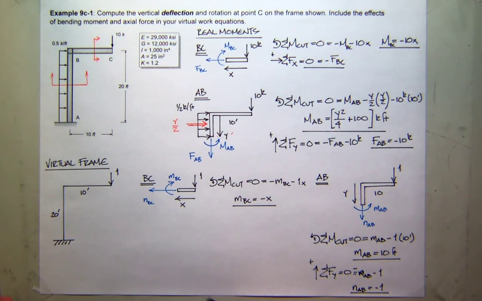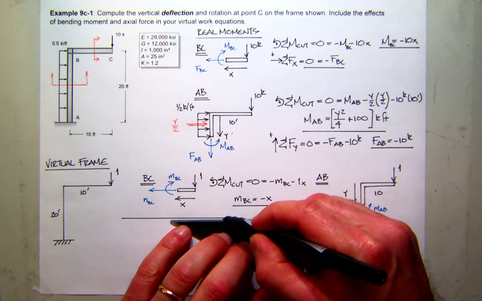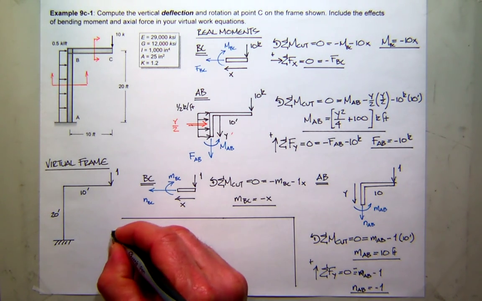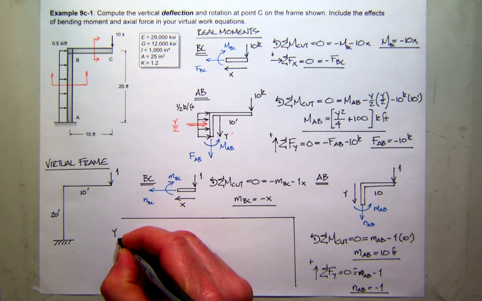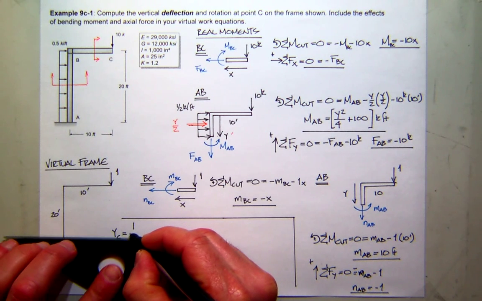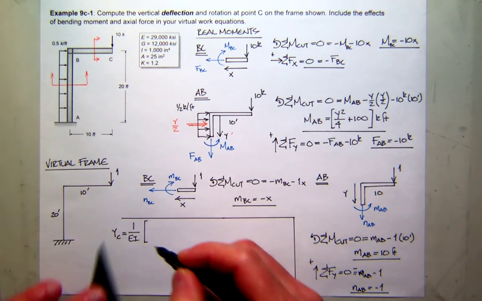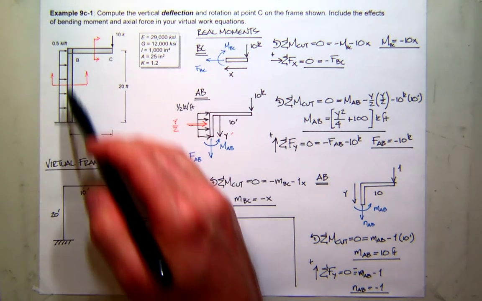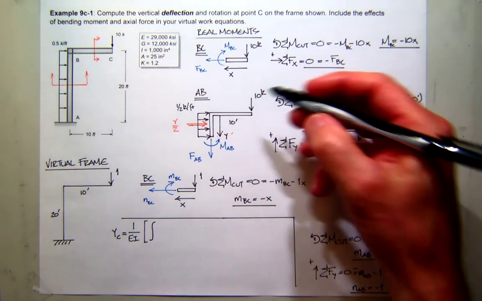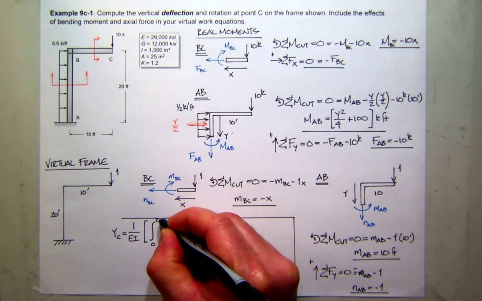I think I'll try to squeeze it in. I know it's going to be kind of messy, but I'll make a little box here to border it off, and I'll see if I can put my displacement at C, what that equation is going to be. So I'm going to have 1 over EI, and let's start with AB. The section AB goes from the top, from 0 down to the bottom, which is 0 to 20.